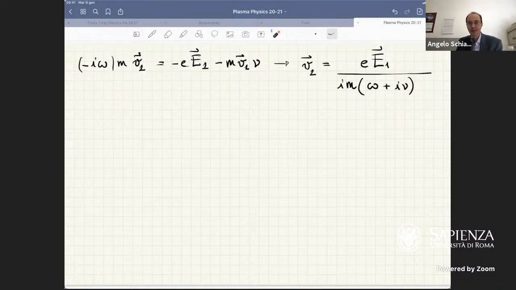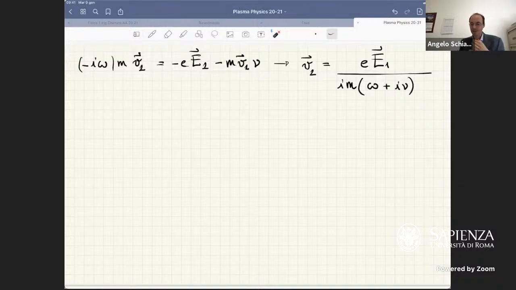So this will tell us that the speed of the electrons and the electric field will have a particular phase that depends on the collision frequency. So in certain conditions, for certain omega values of the wave, the two are in phase or in opposition or in quadrature and so on.